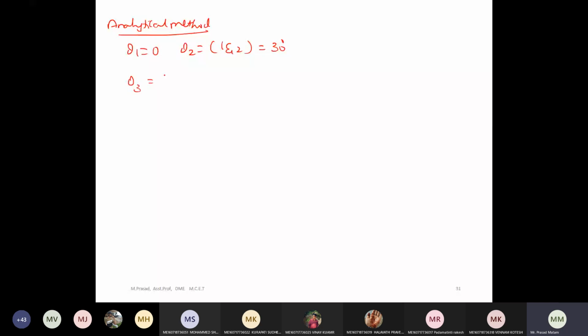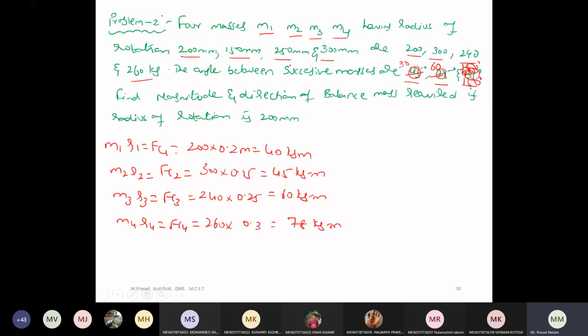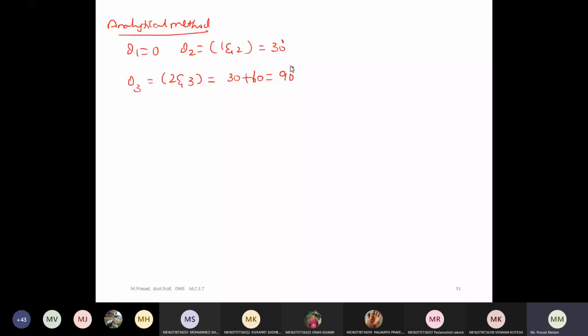That comes as 30 plus 60, 90 degrees. Second angle is 60 degrees. Now theta 4. This is the angle between mass 3 and 4. Mass 3 angle is 90 plus 150, that is 240 degrees. Theta 1 is 0, theta 2 is 30, theta 3 is 90, and theta 4 is 240 degrees.